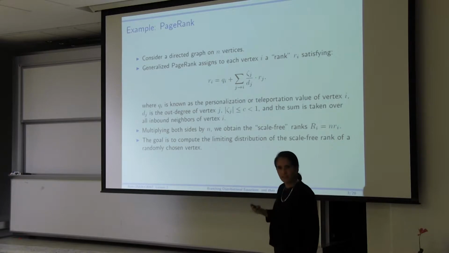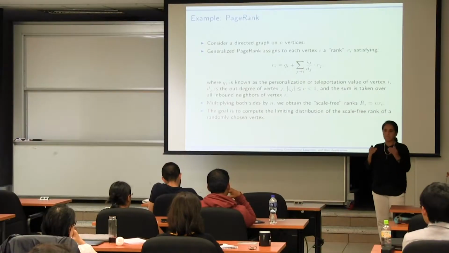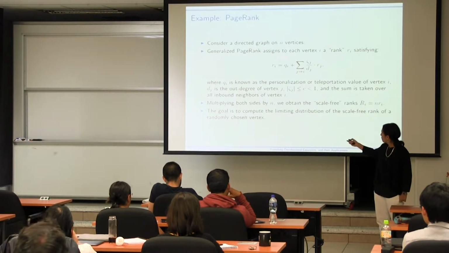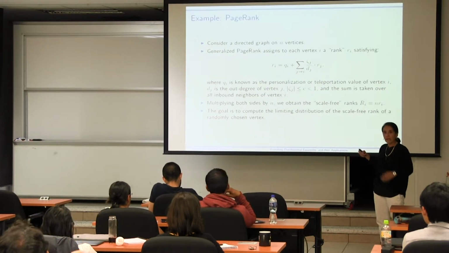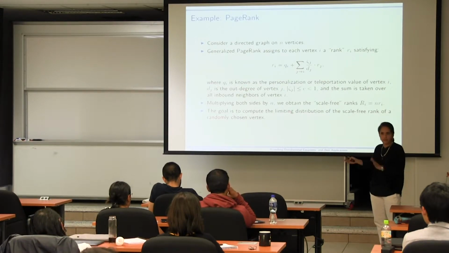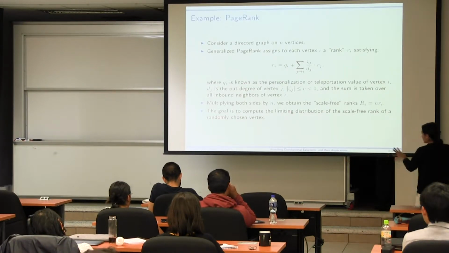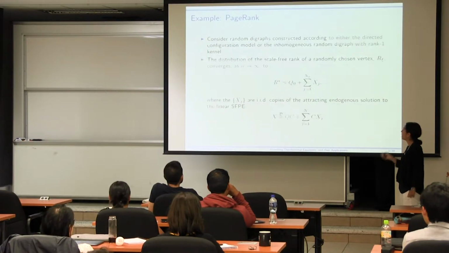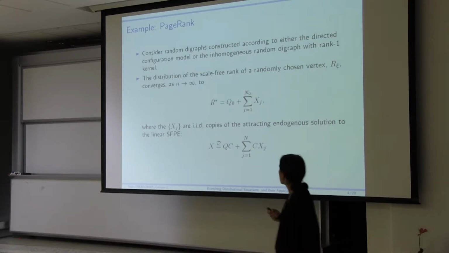And it turns out, because of the sparseness of the graph, that if I multiply everything by n, and these guys are of order 1 over n, then these guys are now neither 0 nor blowing up. They're approximately of order 1. And our goal is to study those scale-free ranks that I'm going to call Ri.